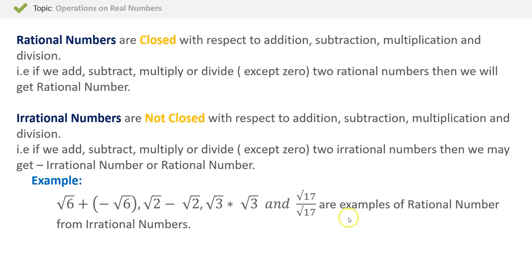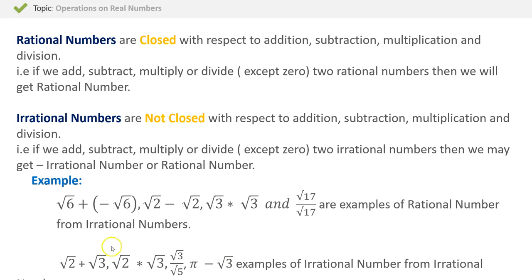If you divide square root of 17 by square root of 17, you get 1, and that is a rational number. So these are examples where you had two irrational numbers which you either added, subtracted, multiplied, or divided, and your output was a rational number.